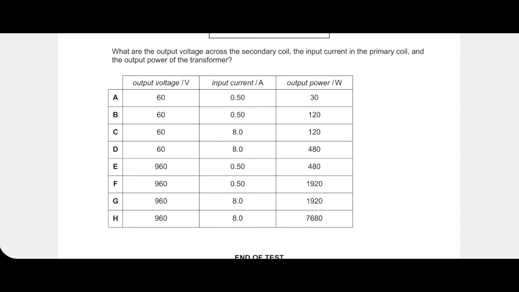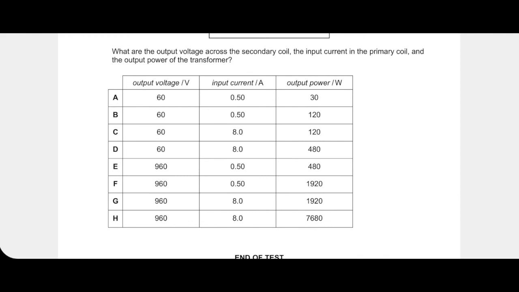To work out the output voltage, you're going to use the voltage of the secondary coil over the voltage of the primary coil is equal to the number of coils on the secondary coil over the number of coils on the primary coil.